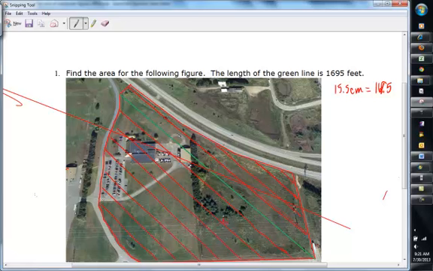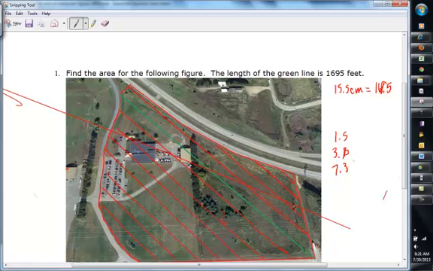The first line is 1.5 centimeters. The second line is 3.8. The third line is 7.3.